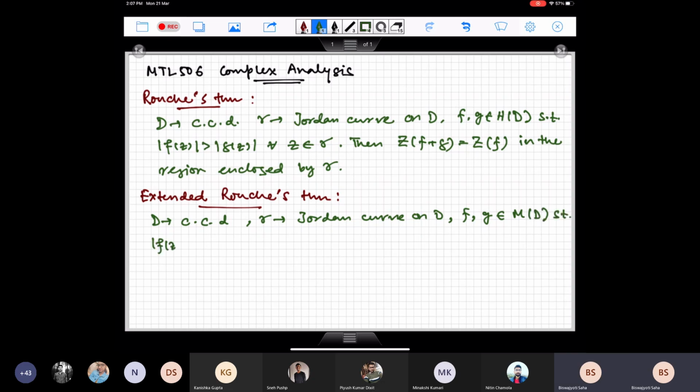So mod of f of z is bigger than mod of g of z for all z in gamma. Of course this condition ensures that f is non-vanishing, but at the same time we are saying that f(z) and g(z) take legitimate complex numbers on gamma. So therefore I am also saying that exactly on the path gamma there are no poles.